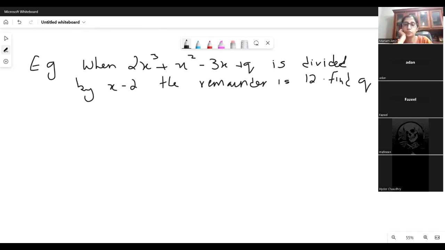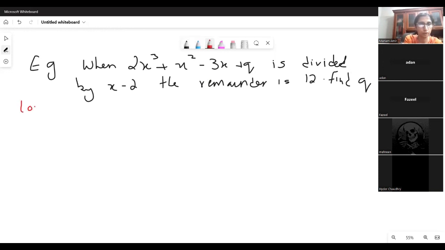So how can we do this question? Q की value find करनी है, and you're told that when these two expressions are divided, the remainder is 12. Let's start with long division first. सारे method से करके देखते हैं, या at least relevant method से.